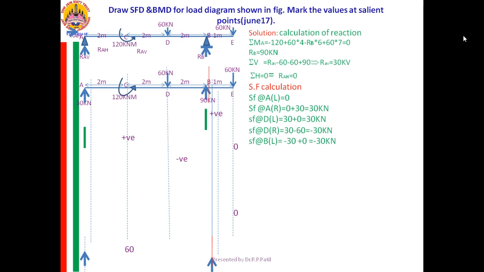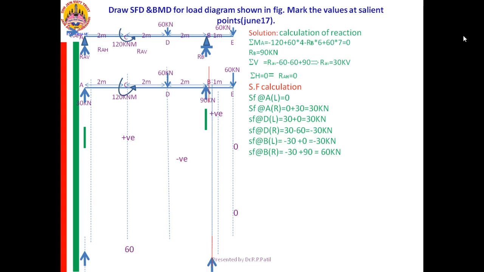Till B left it is minus 30 and new entry is 90 kilonewton, acting on the left part, carrying the left up. Left up is positive for us. Therefore, it is minus 30 plus 90. Yes, it is 60 kilonewton.